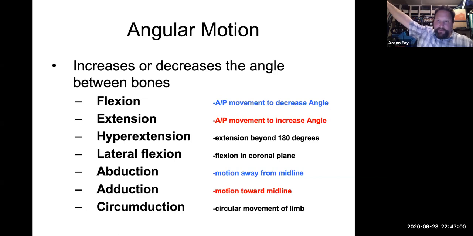The opposite of that, start, stop, is adduction. I'm moving my hand closer to the midline of my body. So abduction, adduction. Circumduction just means you're moving in a circle.